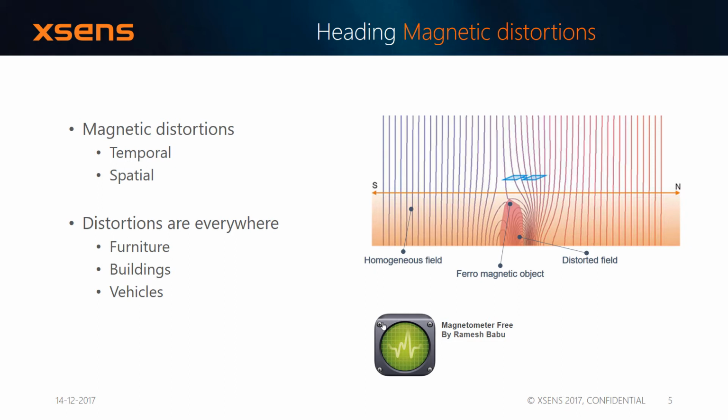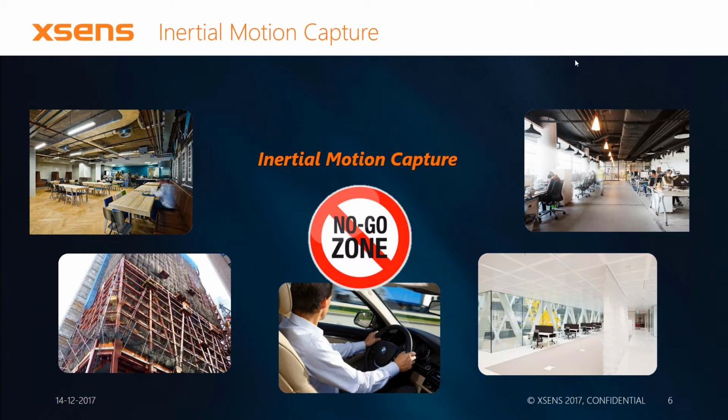Imagine a car: there's quite a lot of steel in which you're driving, and that causes quite some magnetic disturbances. So the areas where it's very difficult to do mocap are new buildings where a lot of steel is used, cars, container ships, and factories where they use a lot of heavy machinery.